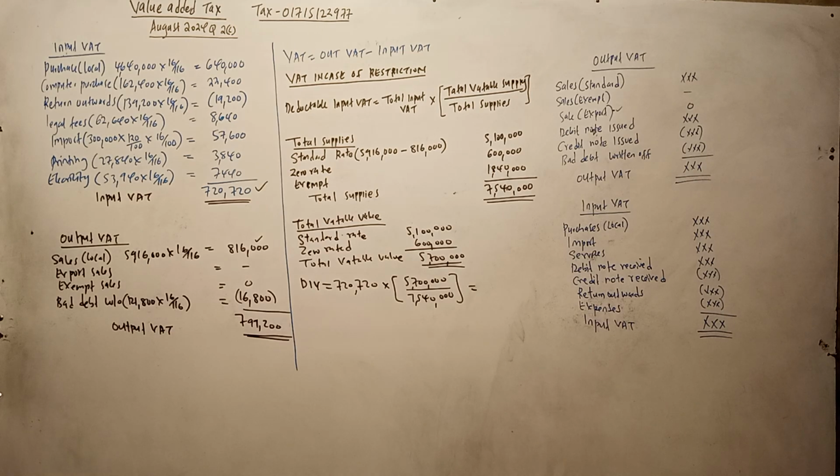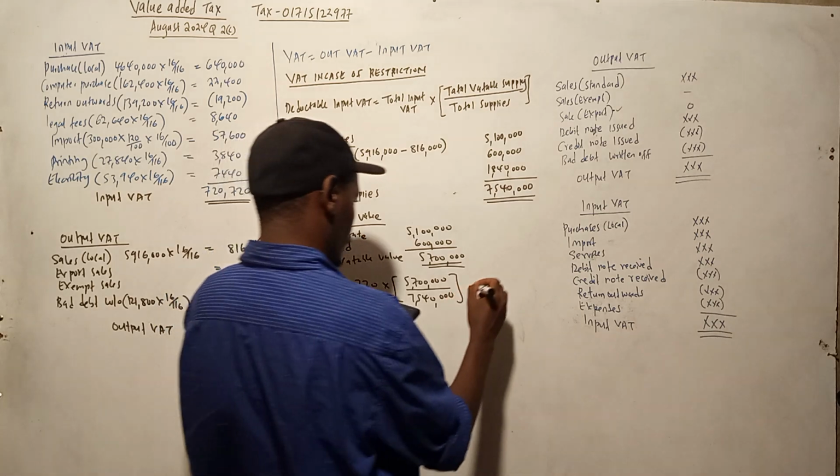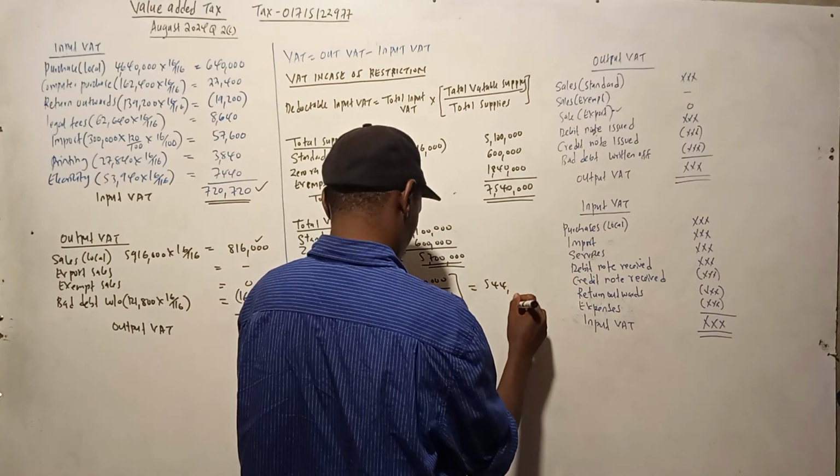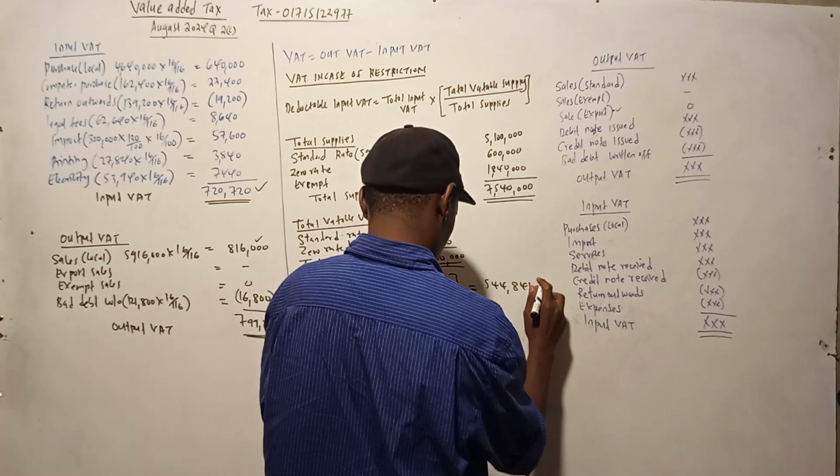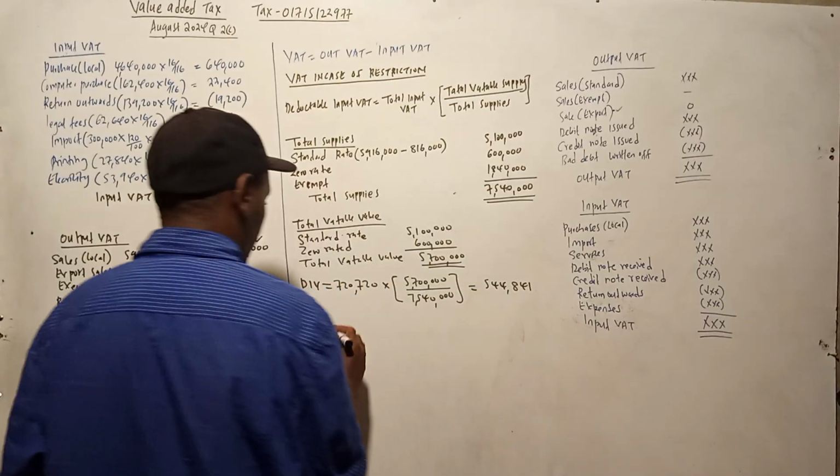So it will be 5700,000 divided by 7540,000 times 720. So I get 544,841.